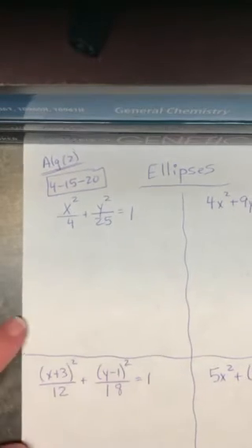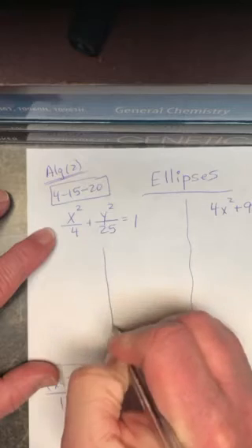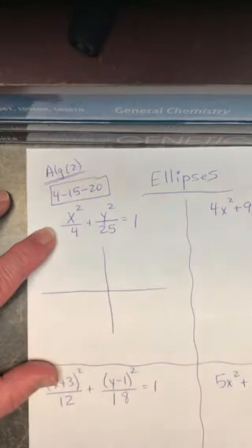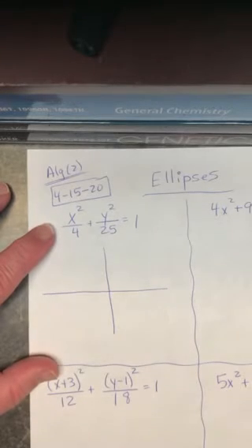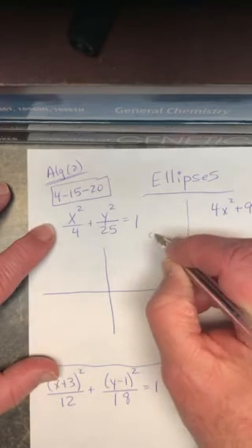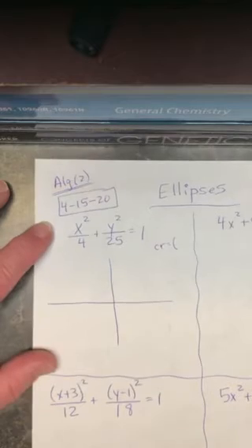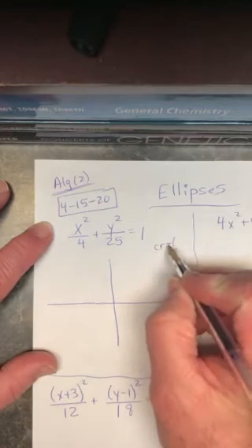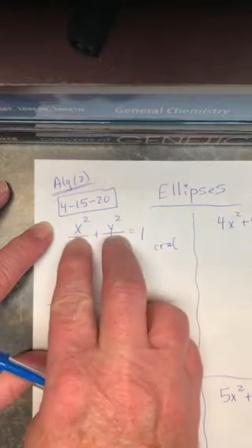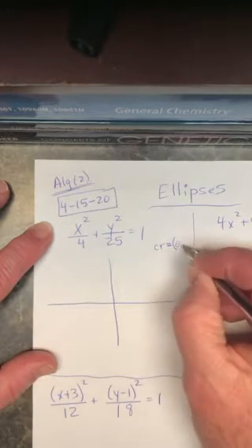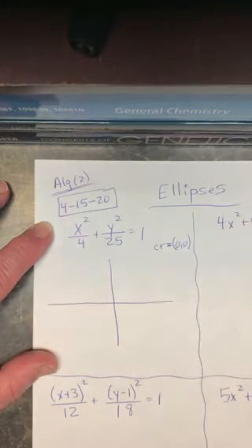So if we go to problem 1, I'm going to graph this ellipse as neatly and as accurately as I can. Just like the circle, we had to figure out where the center was. Well, for an ellipse, we need to know where the center's at. And the center of this ellipse, since it's plain old x squared and plain old y squared, is indeed 0, 0, right on the origin.